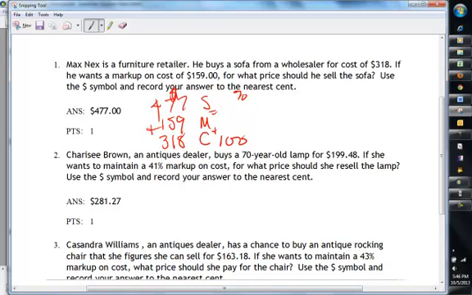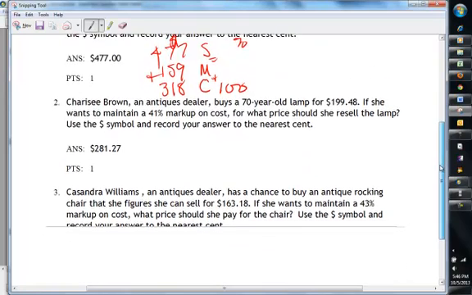Sharice Brown, an antiques dealer, buys a 70-year-old lamp for $198.44. If she wants to maintain a 41% markup on cost, for what price should she resell the lamp? Okay, cost 100%, $199.48. Markup is 41%. Cost plus markup makes 141%.